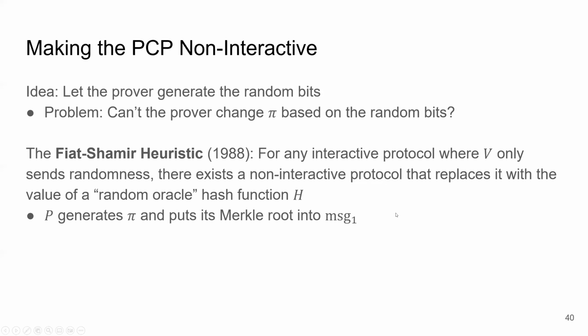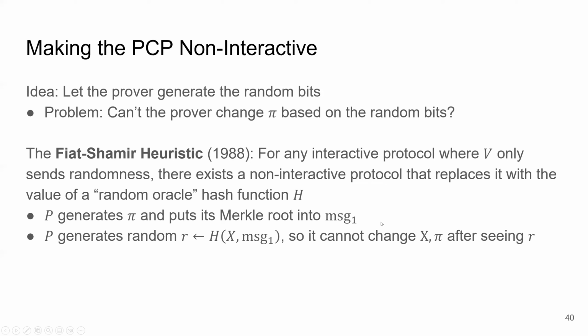The first step is the prover will generate the proof. And then the prover will take the Merkle root of this proof, which previously it was going to send to the verifier. Now instead, the prover is going to take that Merkle root and label it message 1. Then the prover will generate some randomness. The way the prover is going to generate the randomness is it's going to take this hash function H, plug in the public information, and plug in this Merkle root.